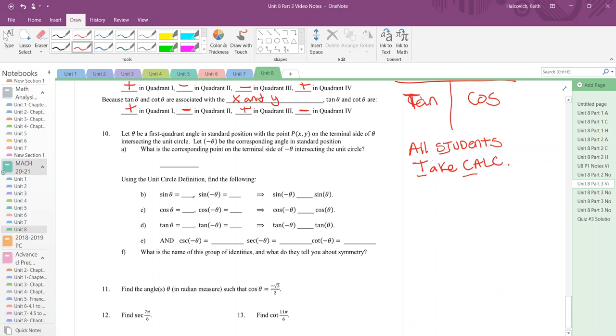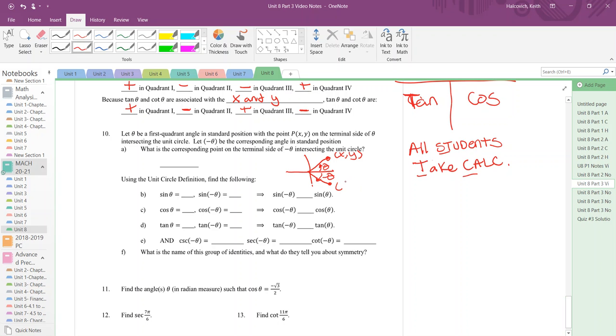Talking about symmetry here, let theta be a first quadrant angle in standard position. So if we draw theta here, and it's x, y, negative theta down here is positive x, negative y, right?